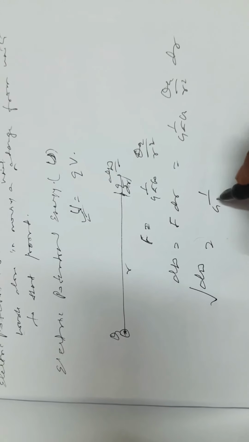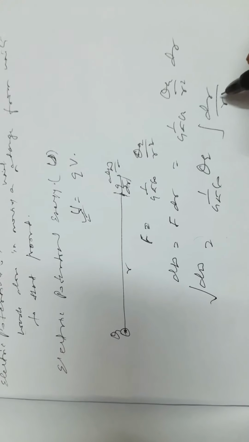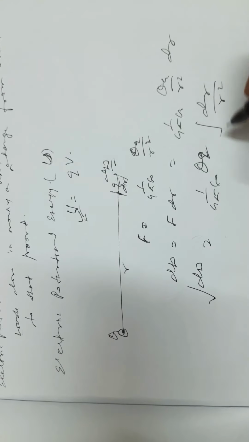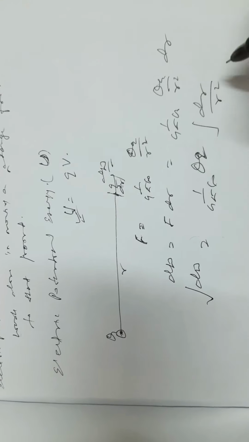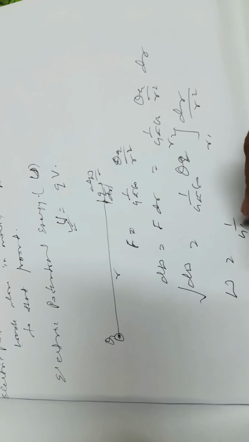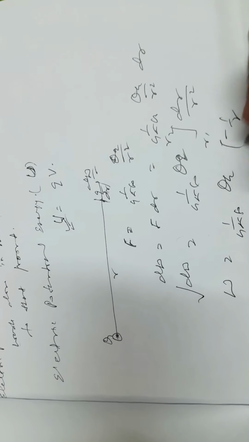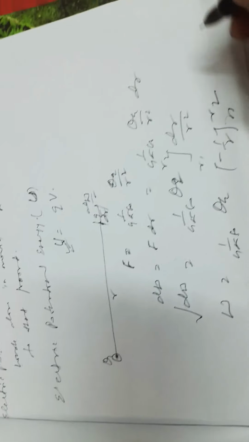Integrating this, 1 by 4 pi epsilon naught, q into capital Q will be the constant term, so it will come out, and it may be integrated, say, from R1 to R2. So W is equal to 1 by 4 pi epsilon naught capital Q small q into minus 1 by R, from R1 to R2.